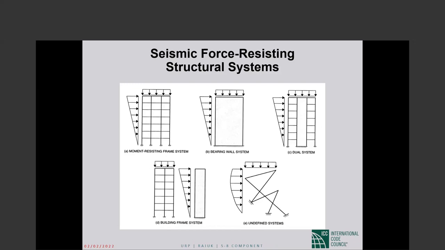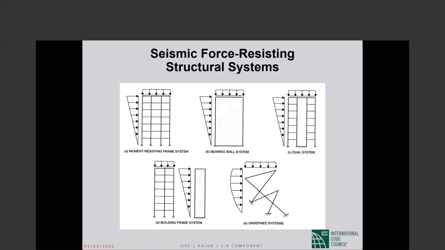Bearing wall system is where shear walls carry all the gravity, and the same shear walls that carry all the gravity also resist 100% of the seismic forces. I want you to understand this.